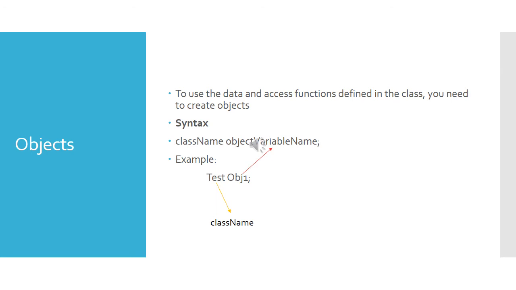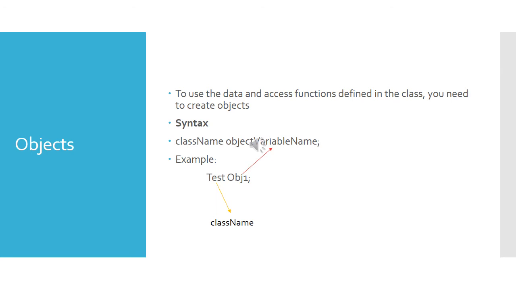So going forward, we are going to learn objects. In order to use the contents of your class, you have to create objects. So objects are representations of your class. You can create any number of objects for a particular class, and each object is going to be unique from one another.